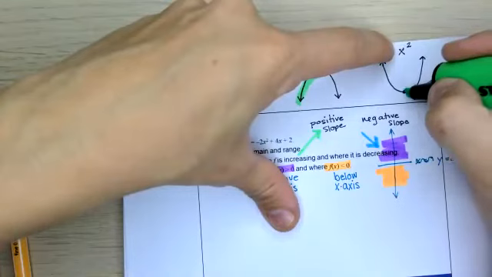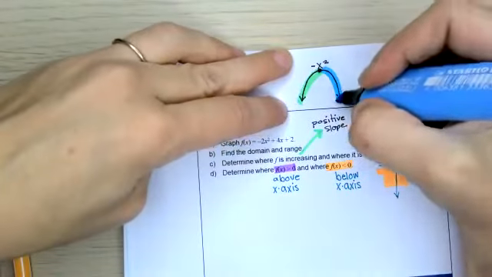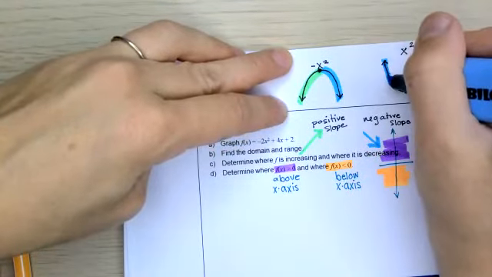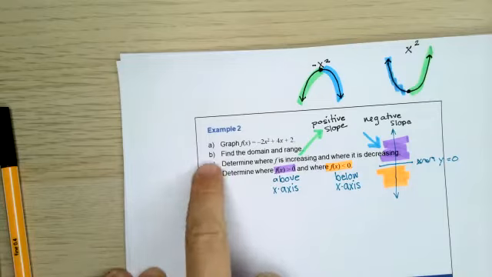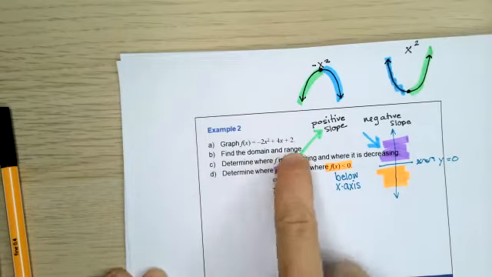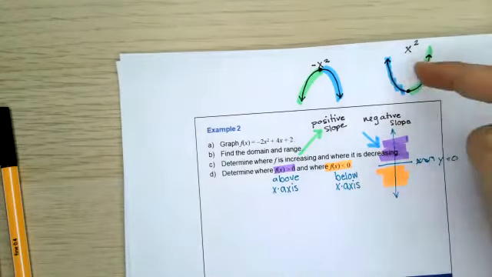If it was a positive, all of that is your positive slope, or where f is increasing. Good. Decreasing, negative slope, is going to be this half or this half, depending on whether your parabola is positive or negative. Good. So we know this just in our heads. We know what they're asking. The domain means all the x values. The range means all the y values, where it's positive, where it's negative slope.